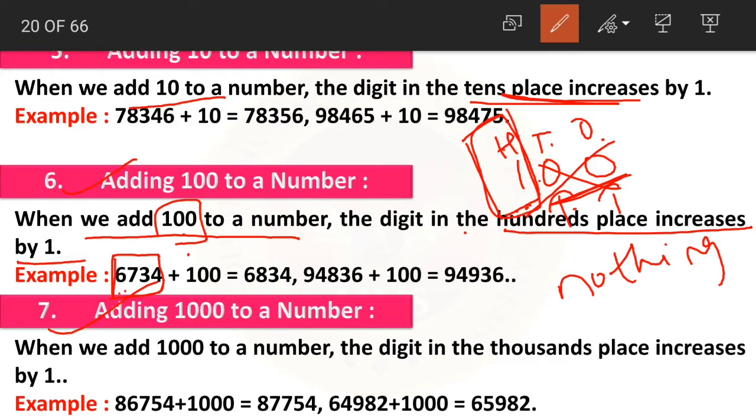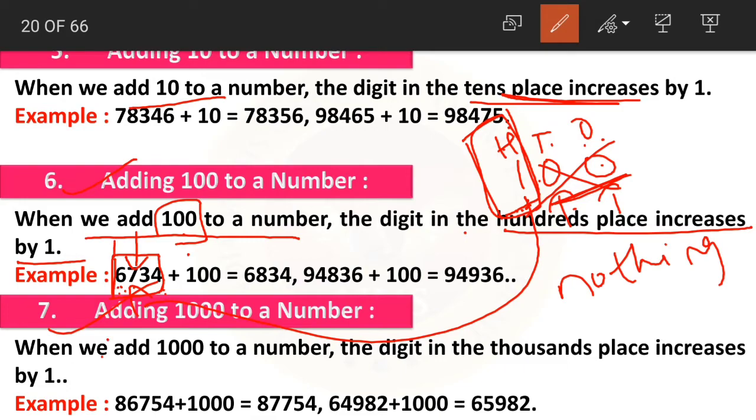So in this number 6,734, 7 is in hundreds place. So we'll add this 1 to the 7. What will we do children? We'll add this 1 to the 7. Hundreds and hundreds, right? Whenever we are adding, we add to the digits in the same place. Yes, we cannot add ones and tens. We add only hundreds and hundreds together.